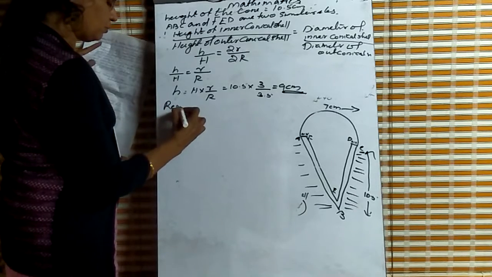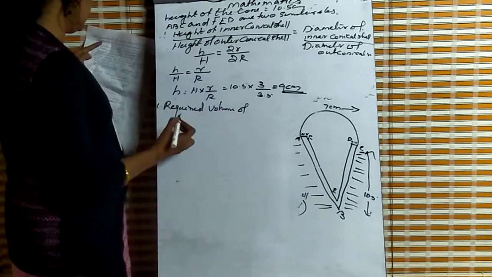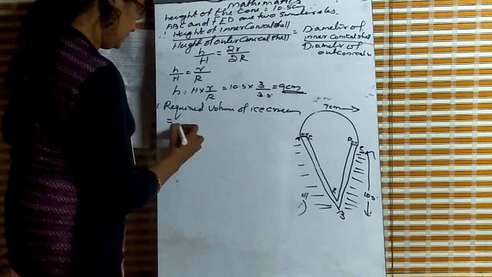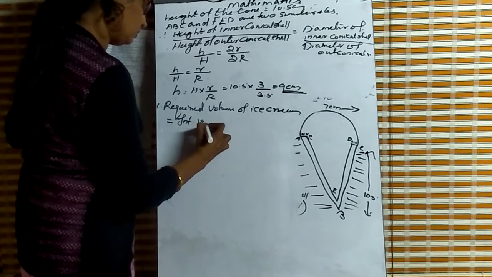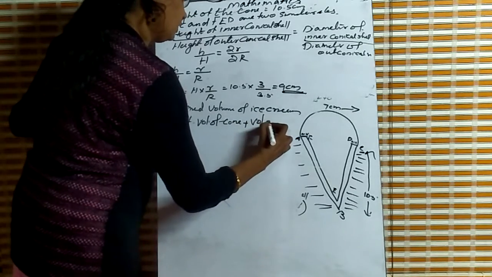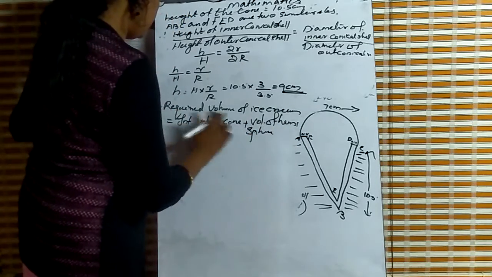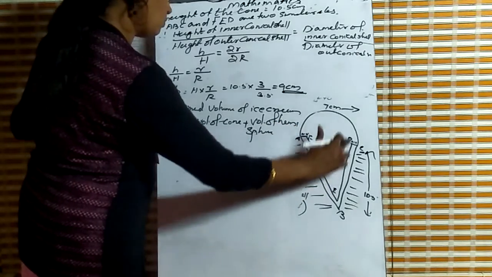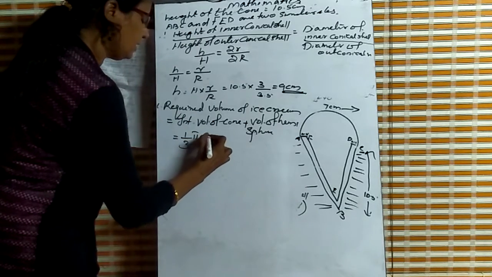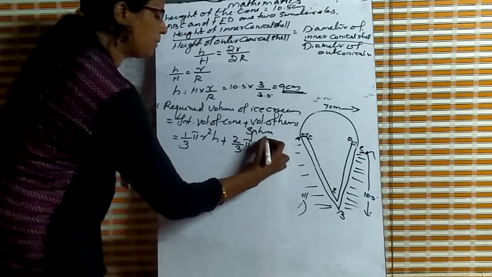Then, for the first question, the required volume of ice cream is equal to the internal volume of the cone plus the volume of the hemisphere. The internal volume of the cone is 1 by 3 pi small r square h, plus the volume of the hemisphere, which is 2 by 3 pi capital R cube.